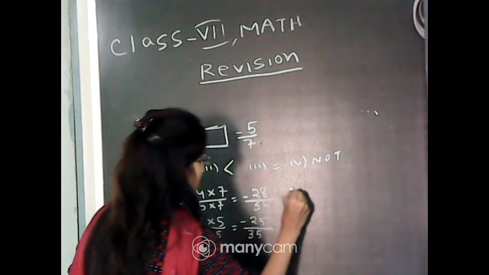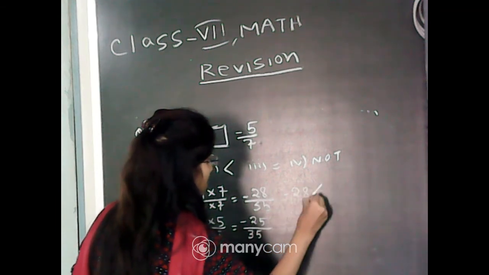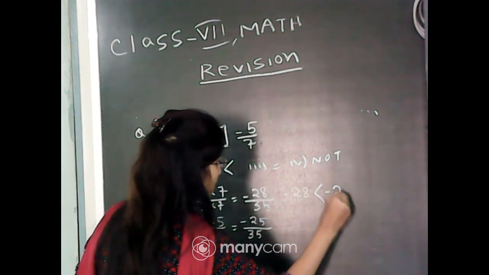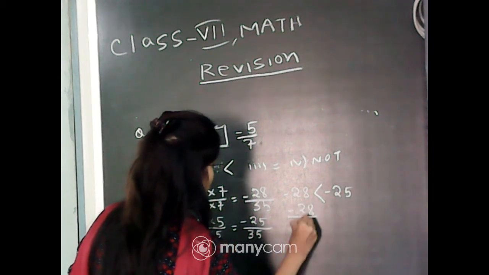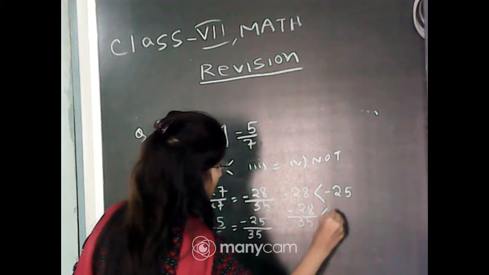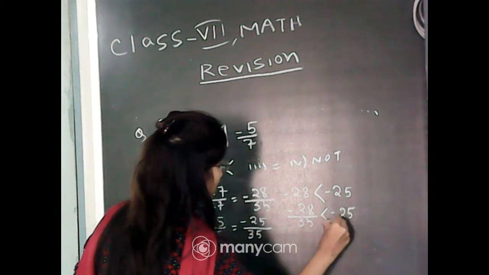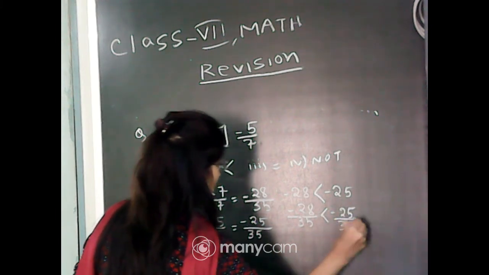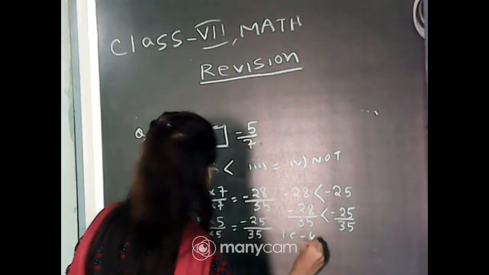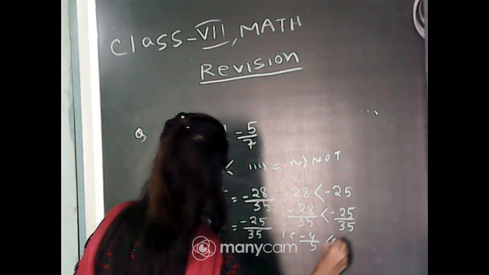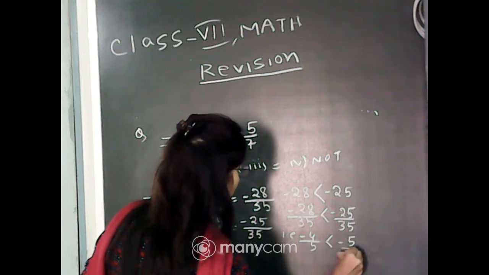Obviously, minus 28 is less than minus 25. So, minus 28 divided by 35 is less than minus 25 divided by 35. That is minus 4 by 5 is less than minus 5 by 7.